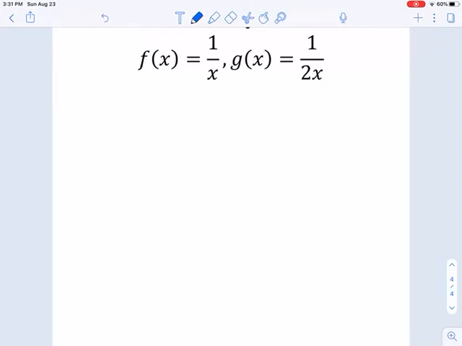We'll go through this one together. What I want you to do is write down these two and determine what their domains would be.